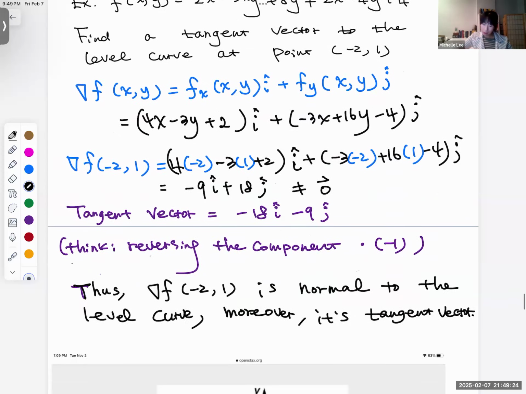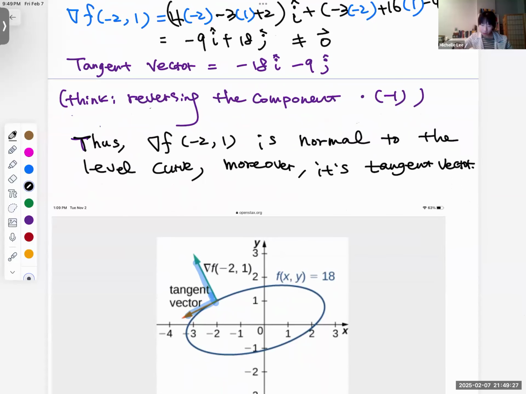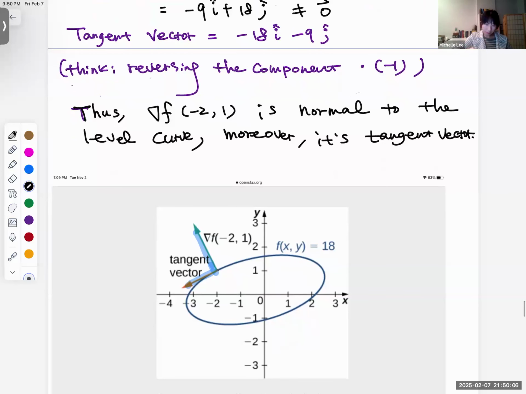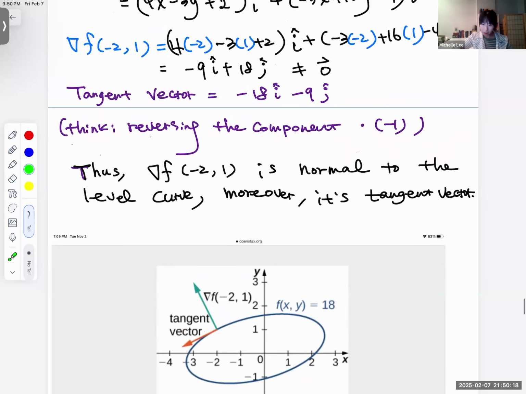Okay, we have a picture of that. Let's take a look. So this is the gradient, negative 9 i hat plus 18 j hat, right? Hold on one second.